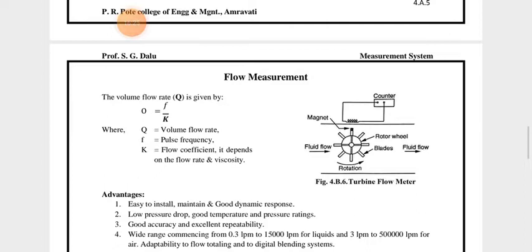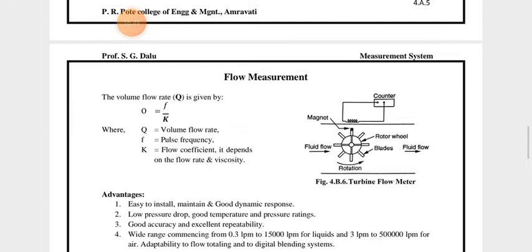Those two lines represent the cross section or transverse section of the pipe through which the fluid is flowing. And by using the arrows you can understand the direction of flow of the fluid.